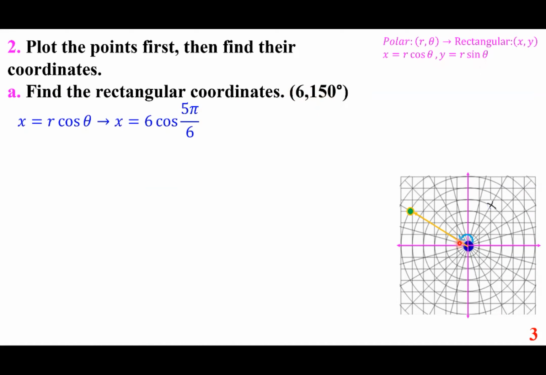As you know, in the second quadrant, sine is positive, cosine is negative. The reference arc is 30 degrees. So cosine of 30 degrees is square root of 3 over 2, and cosine of 150 degrees, or 5 pi over 6, makes it negative.